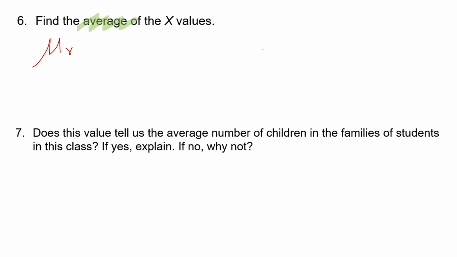which means the mean of the variable x, equals, and I'm going to have all of the siblings: 1 sibling, 2 siblings, 3, 4, 5, 6 siblings. Then I'm going to multiply each of those by their fraction or their probability.